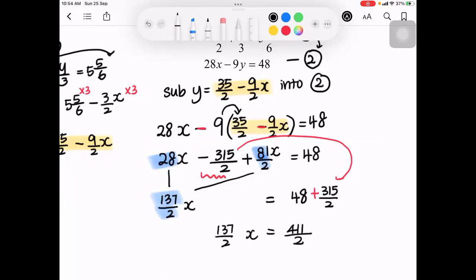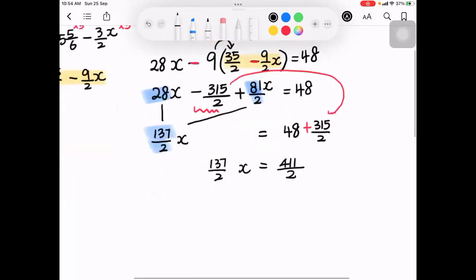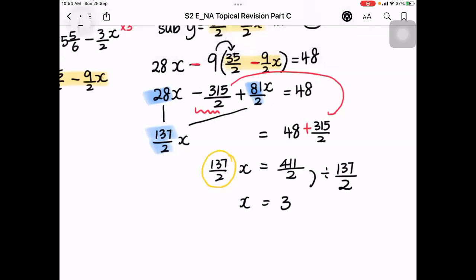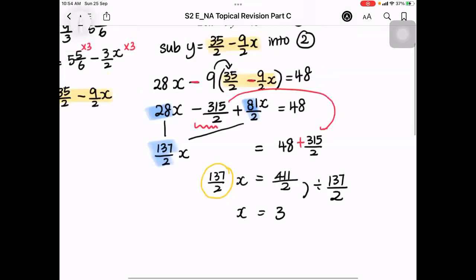Okay. Then I want to get x only. I don't want this number. So what do I do? I divide away by this number. So I divide by 137 over 2. Then I get the number 3. Okay. Then after I get the number 3, I sub it back into my equation for y over here.